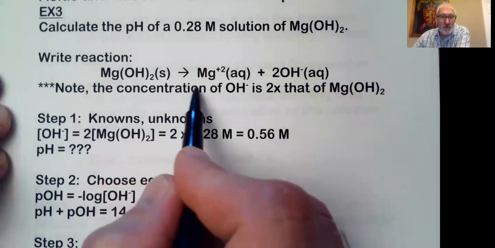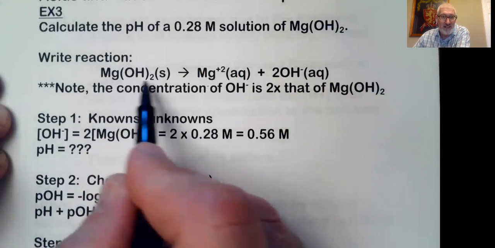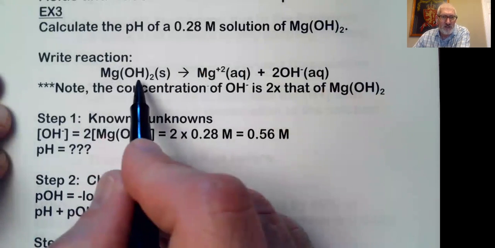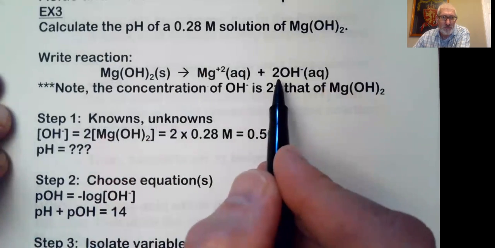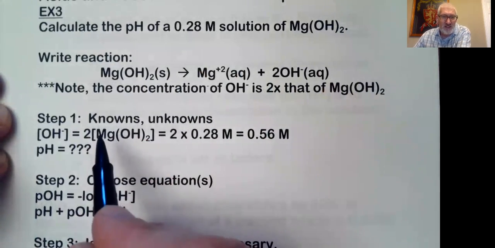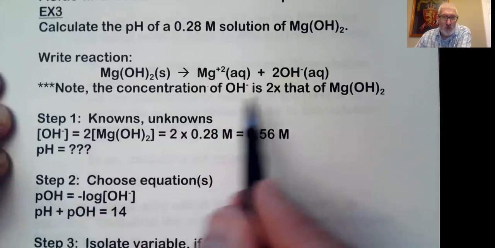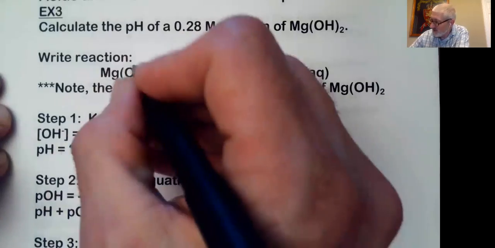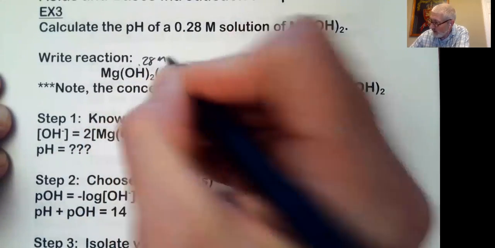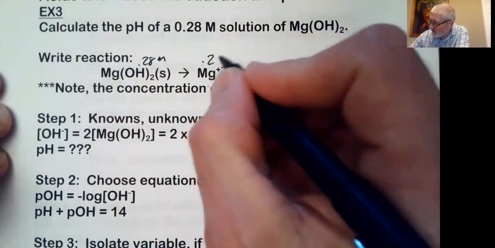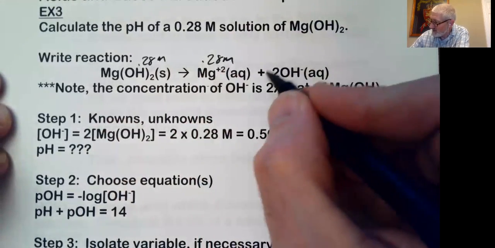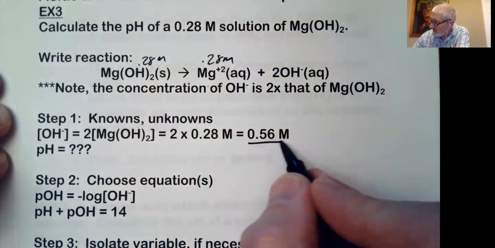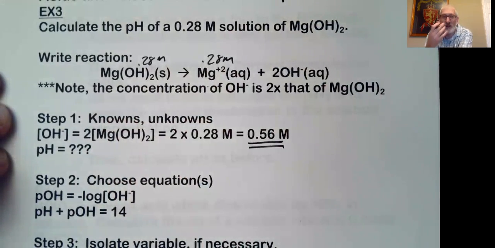It's going to break apart and we're going to get one magnesium ion for every 2 hydroxide ions. And so we sit there and say, okay, if I wanted to know what's the concentration of this guy, if this guy is 0.28 molar, this guy is also going to be 0.28 molar, but because this is twice as much, this is going to get me the concentration of my OH minus.